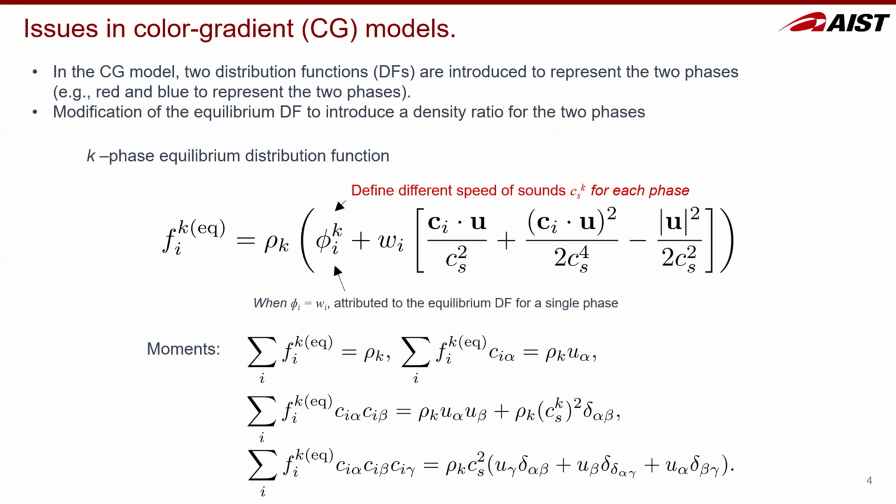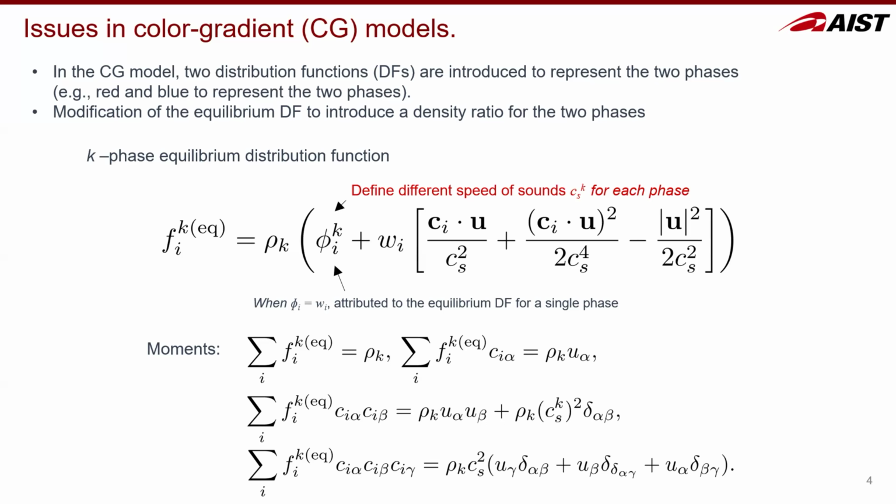Okay. Basically, in the color gradient strategies, the zeroth order part of the equilibrium distribution function is usually slightly modified from the original one. Here, several modifications have been made.